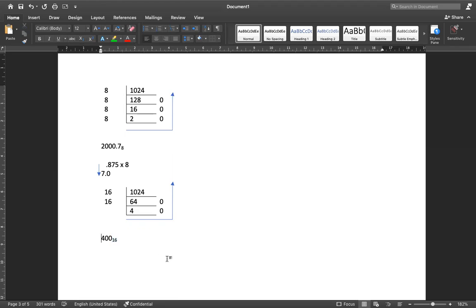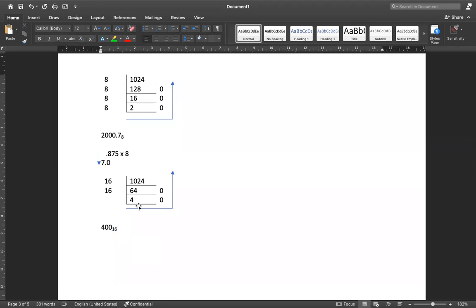So after finding this value 400 in hexadecimal, what's next? Find out the decimal point 0.875. What you have to do is multiply that by 16. So what is the value? It is 14.0.